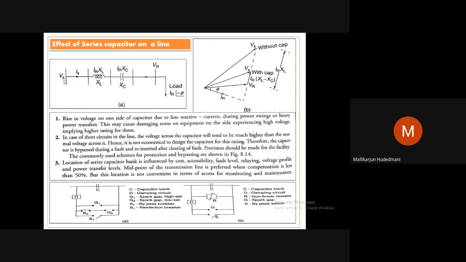XL represents the entire transmission section's inductive reactance. Let's say a capacitive reactance XC is inserted. Then without this insertion of capacitor for compensation, and with the insertion of capacitor for compensation, let us see how that is viewed with the vectorial representation.